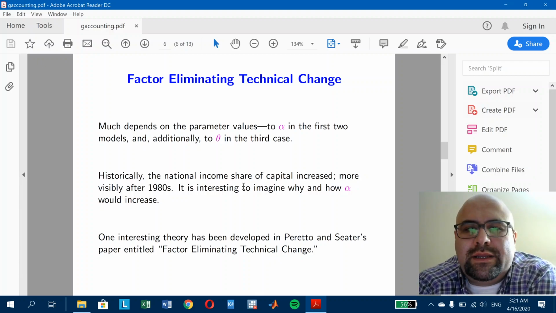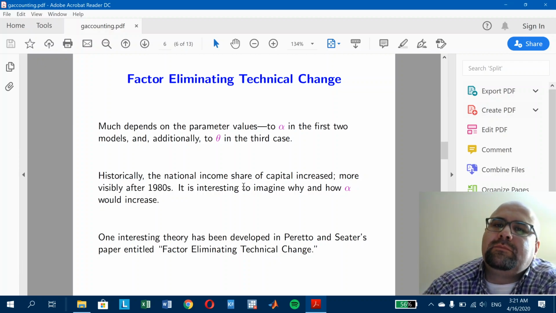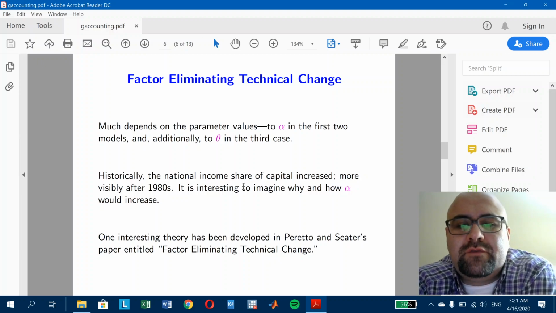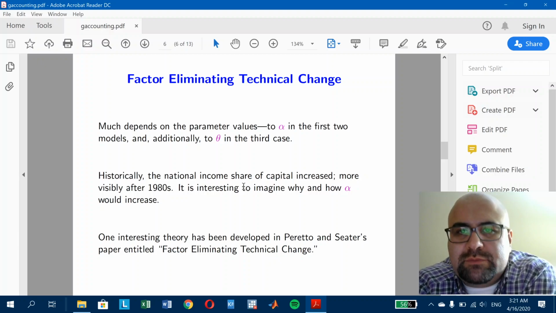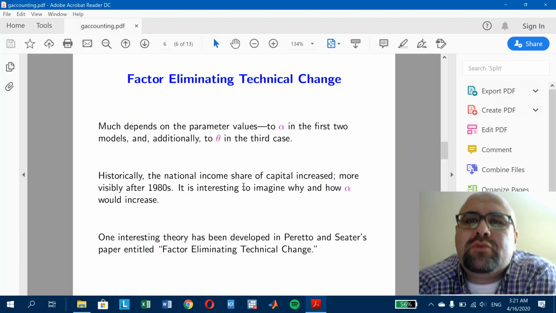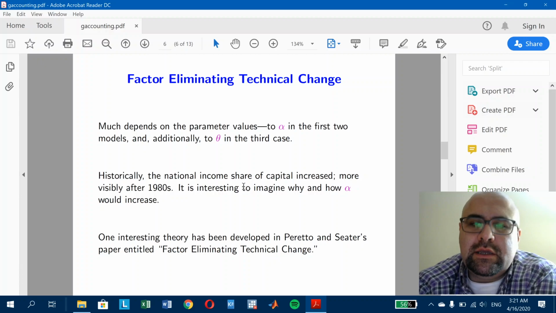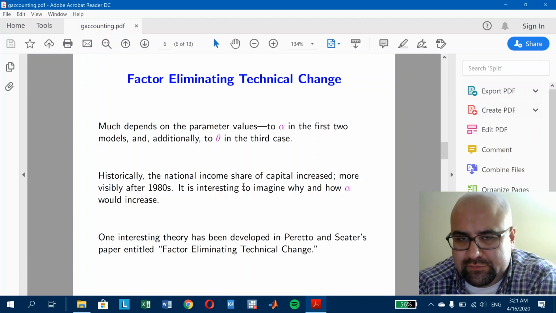So I will take one example here. It is called factor eliminating technical change, and it is important because alpha, the capital share of the national income, the income share of physical capital, has historically increased. This is especially important after the 1980s. And of course, there are certain reasons for this, and there's a literature focusing on this as well.